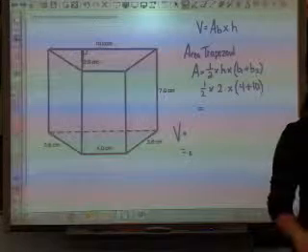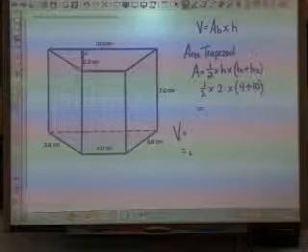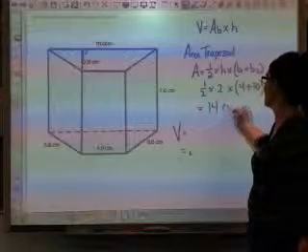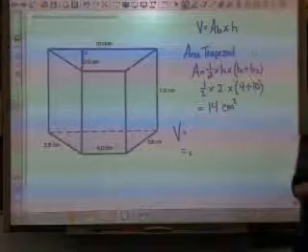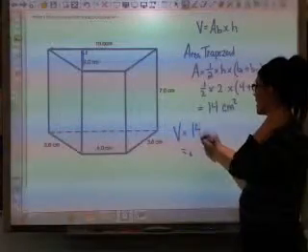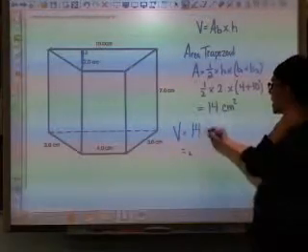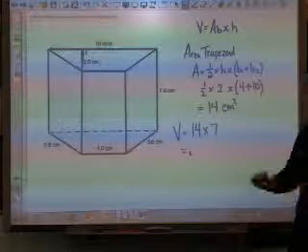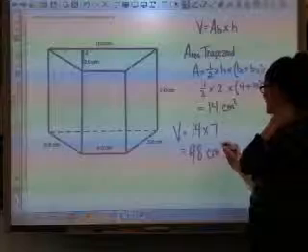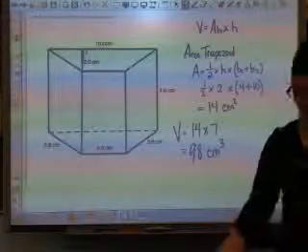Four plus 10. 4 plus 10 is 14, times 2 is 28, times 1/2 gives me 14 square centimeters. Sorry. So then the volume would be the area of the base, which was 14, times the height, which is 7. When I multiply those two together, I get 98 cubic centimeters.